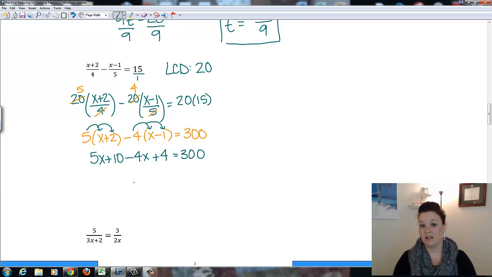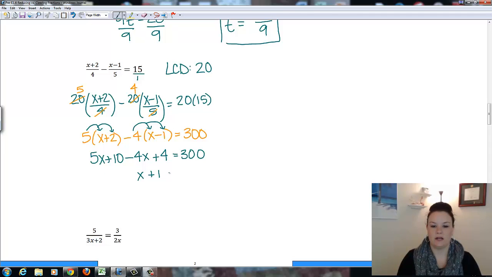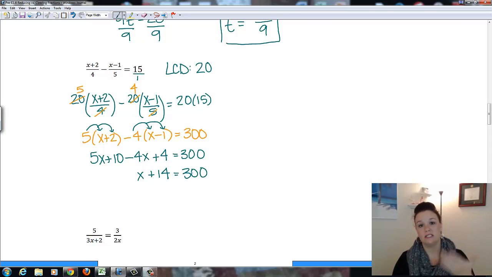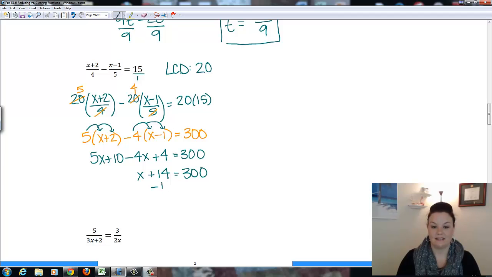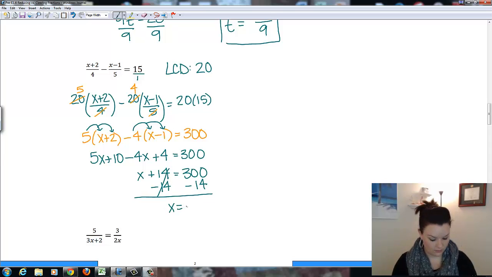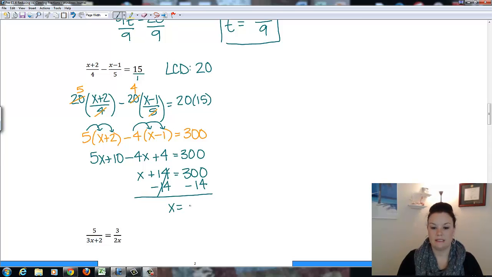Then I combine like terms, so 5x minus 4x leaves me with just 1x, and 10 and 4 gives me +14. Last thing I need to do is just move my 14 to the other side so that x is isolated. Since I'm adding it, to move it, I need to subtract it, which leaves me with 286.